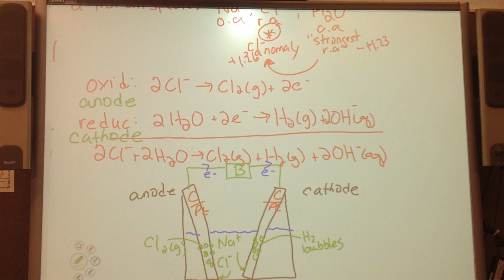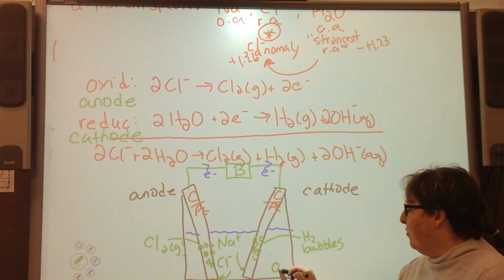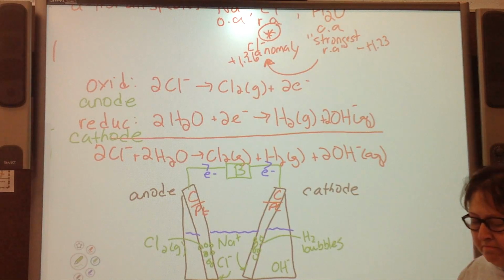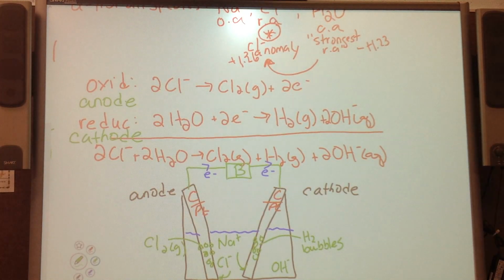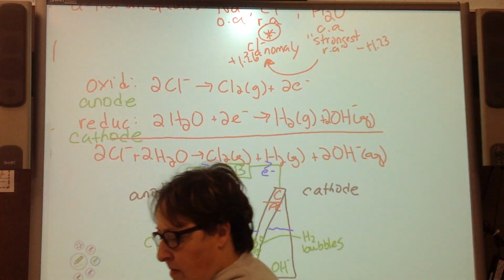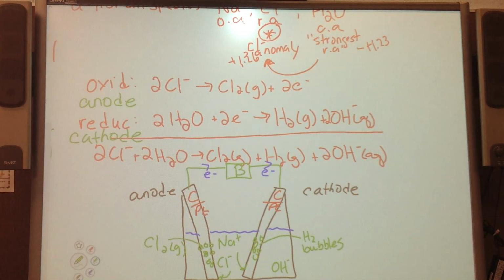Would you state that there's free hydroxide floating around now? You could. We can put them over here. You'll end up with sodium hydroxide, but it's soluble, so you won't see it break out into solutions.